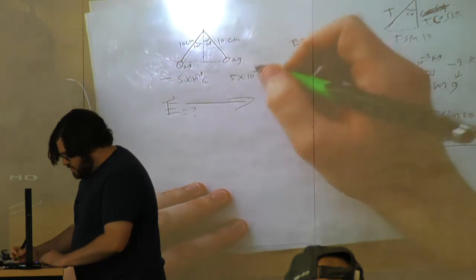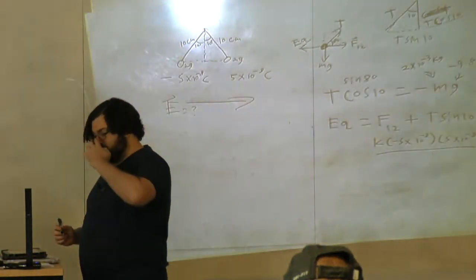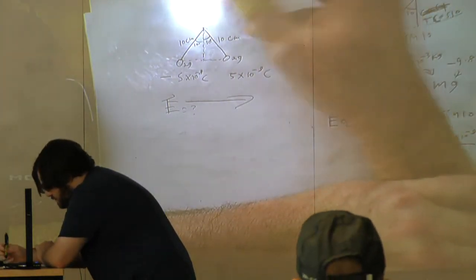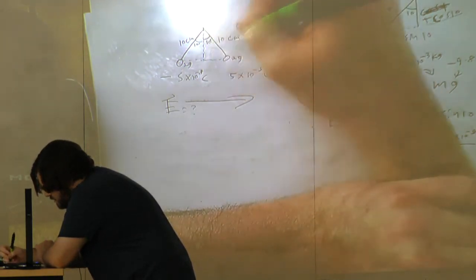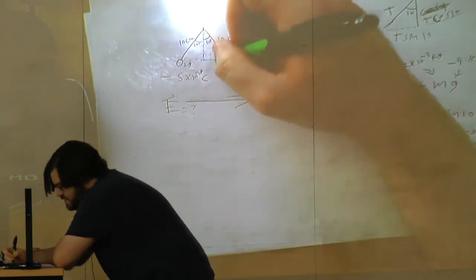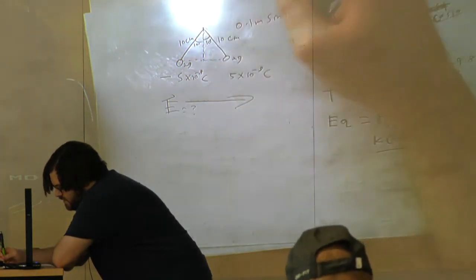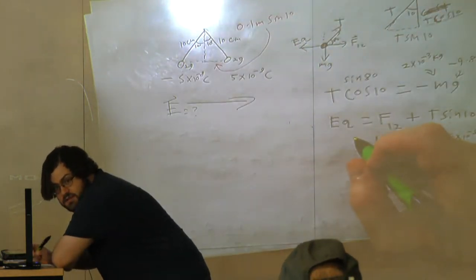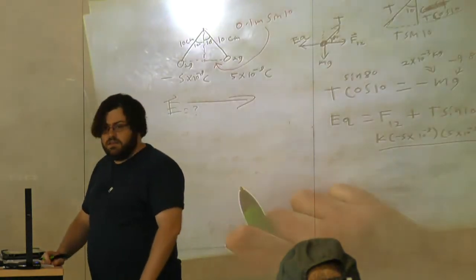So I'm going to use trig to find this distance. Now, this is going to be 0.1 meters times sine of 10, right? Because opposite over hypotenuse times hypotenuse gives me opposite. Now, that distance. Is everyone with me so far? Any questions on that? Okay.